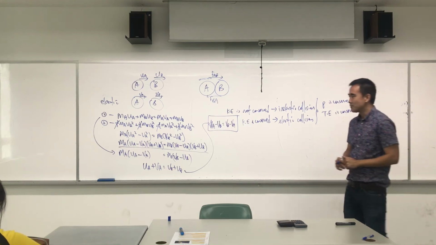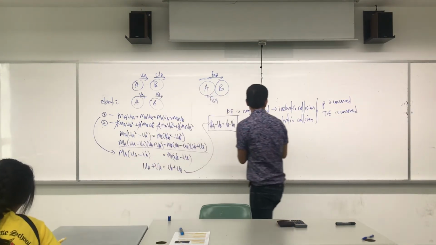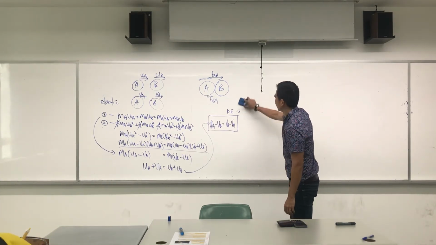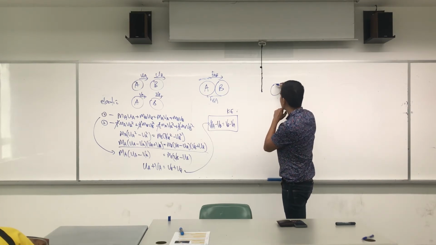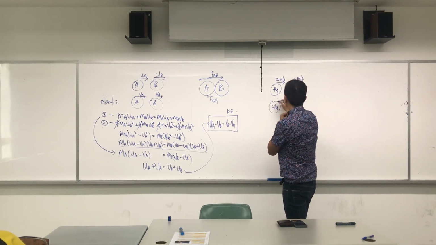So why is this equation important? Let me give you a scenario, then you'll see why this formula is very useful. Same scenario as just now: 4 kg, 4 meters per second; 2 kg, 3 meters per second; 2 kg, 4 kg, 0.5 meters per second.